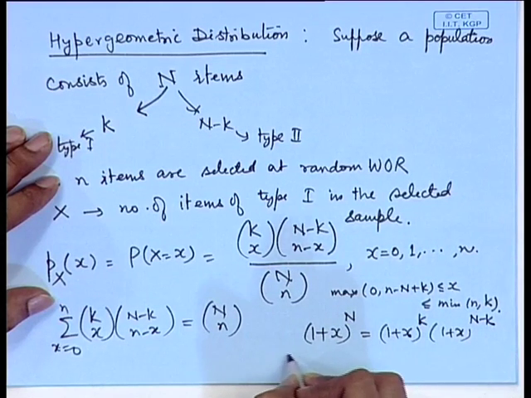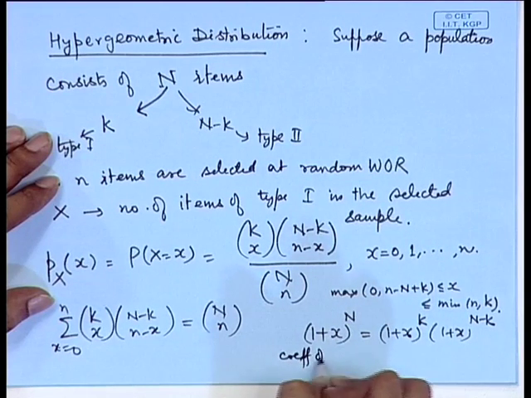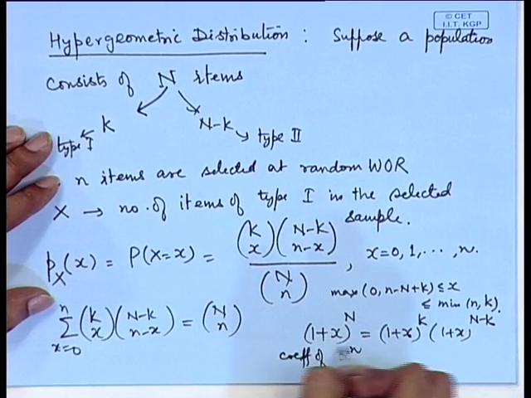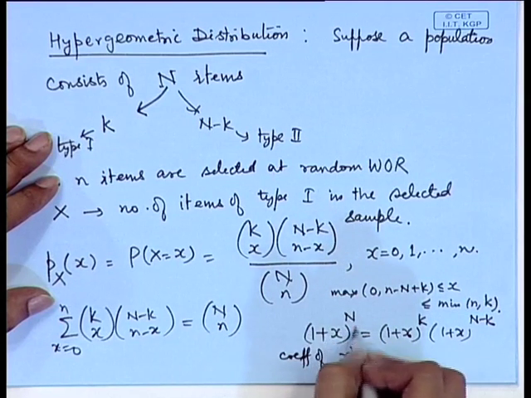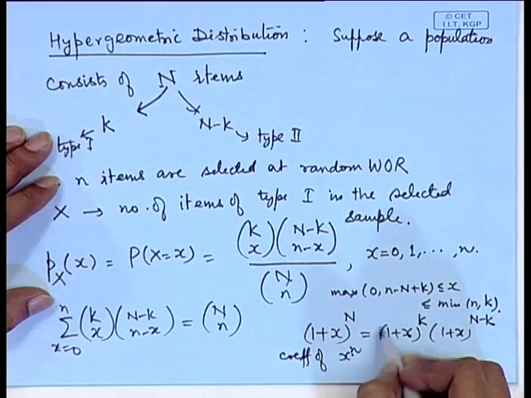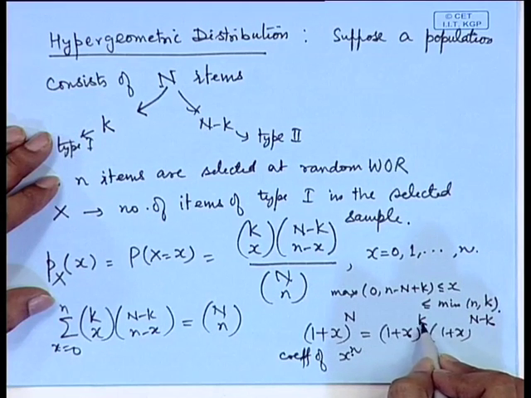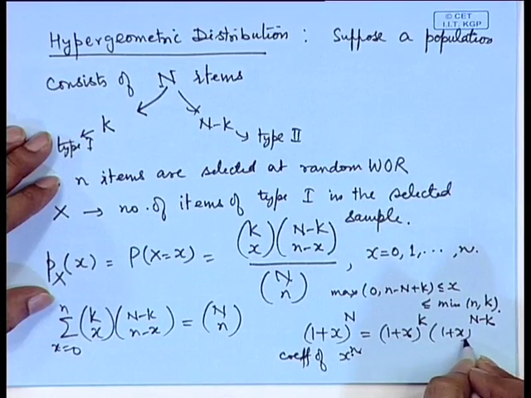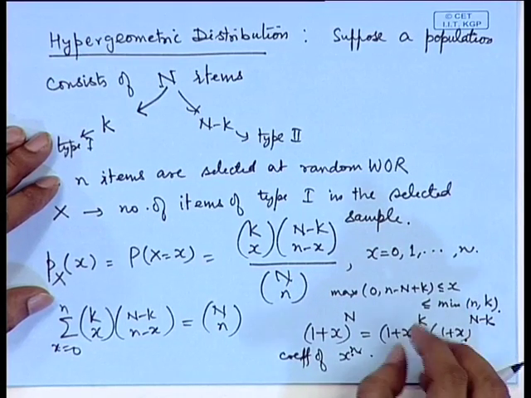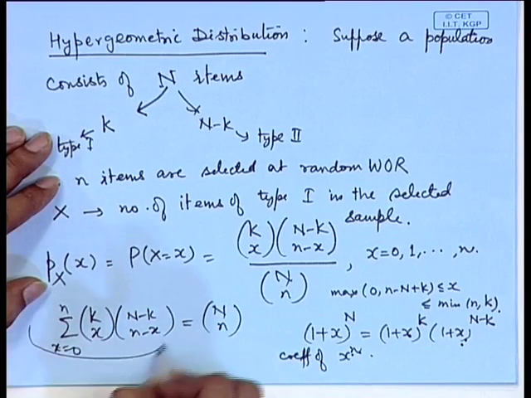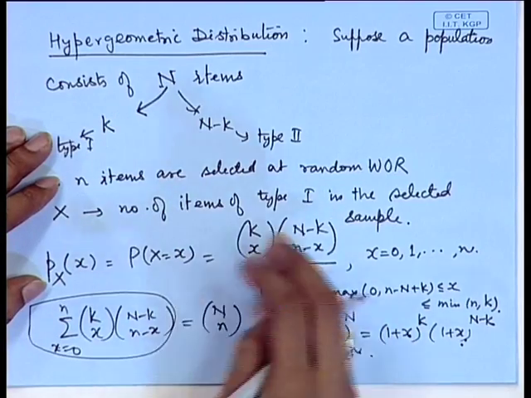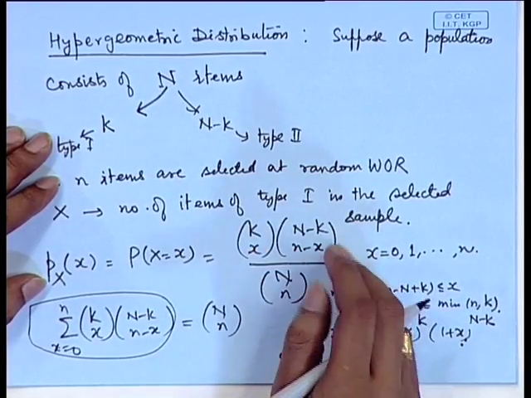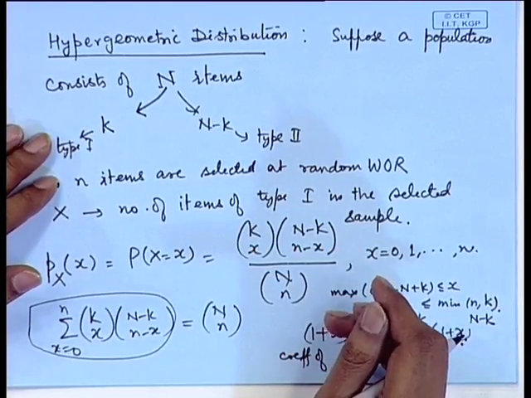So, if we look at the coefficient of x to the power small n in this expansion, then in this one we will get n c n, and on this side, since it is a product of two terms, x to the power n can be obtained as x to the power 0 into x to the power n, x to the power 1 into x to the power n minus 1, and so on. So, if we collect all the coefficients, we will get these terms. Therefore, the sum of this is equal to 1 and it is a valid probability distribution.